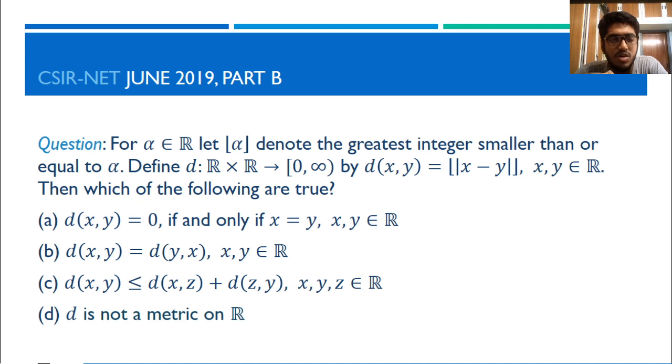We call it the floor function in certain cases. So, we are going to define a new metric from R cross R. Definitely this metric is on R. D of x comma y is equal to floor of absolute value of x minus y. Question, which of the following are true? So think about it, type in your answer, wait until I tell you, you can post.